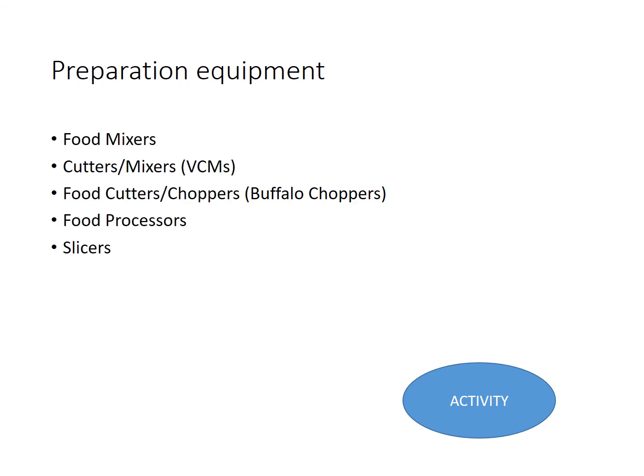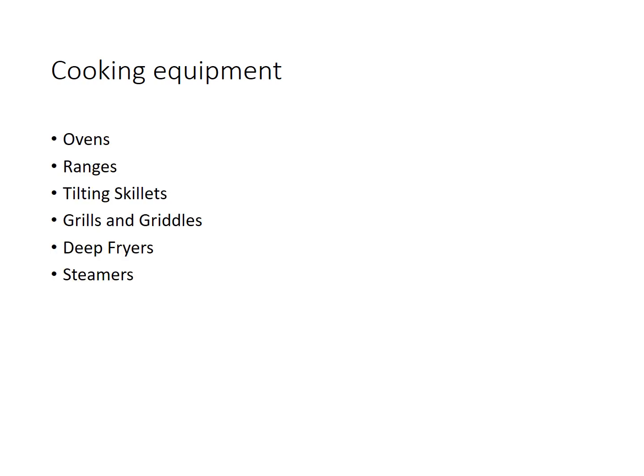Preparation equipment includes food mixers, food cutters, choppers, food processors, slicers, and a variety of other preparation equipment. Cooking equipment may include ovens, ranges, tilting skillets, grills and griddles, deep fryers, steamers, and so forth.